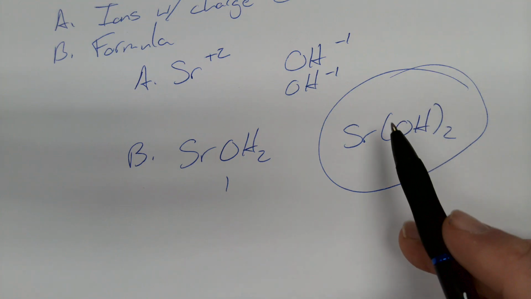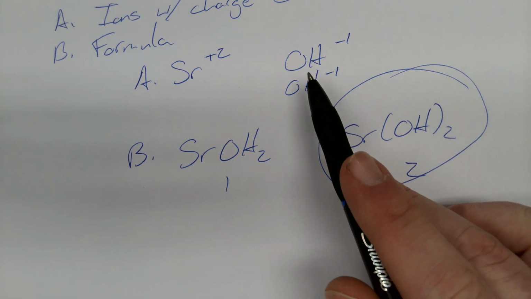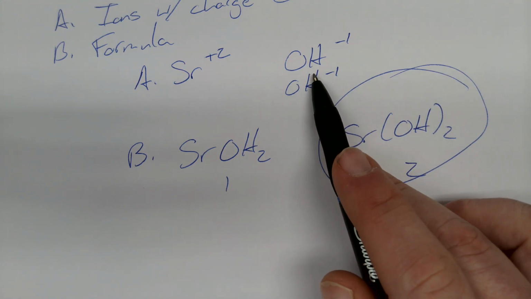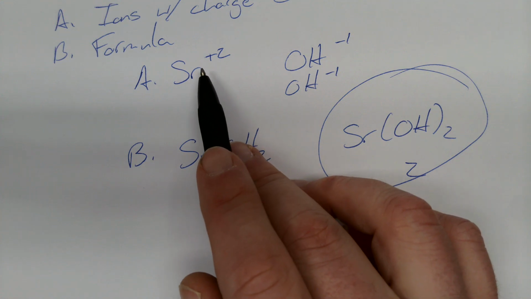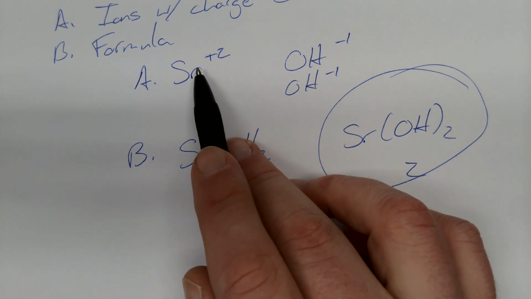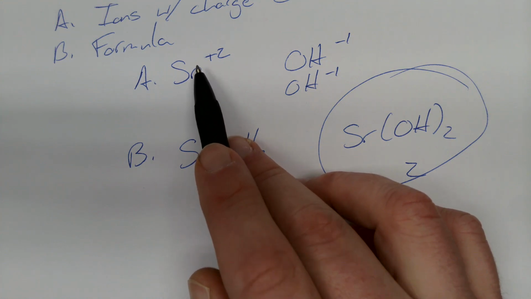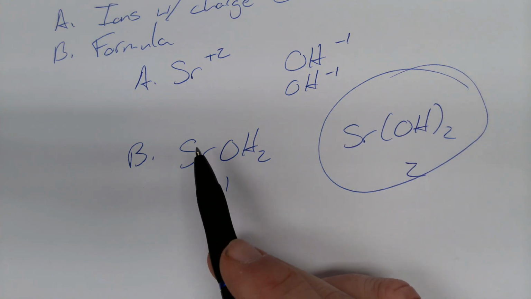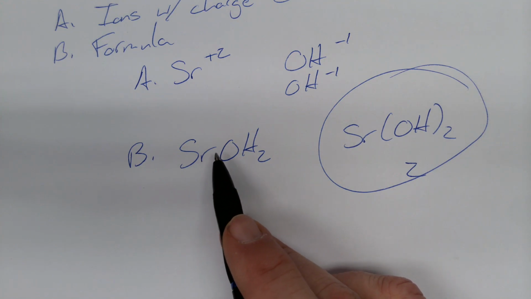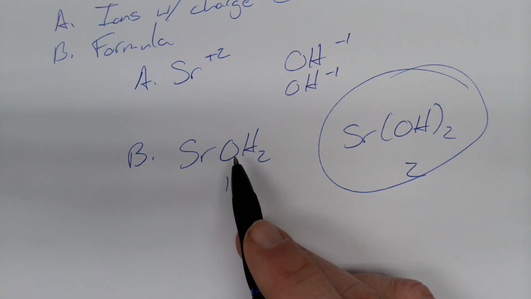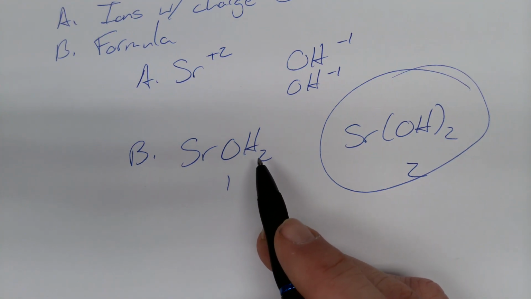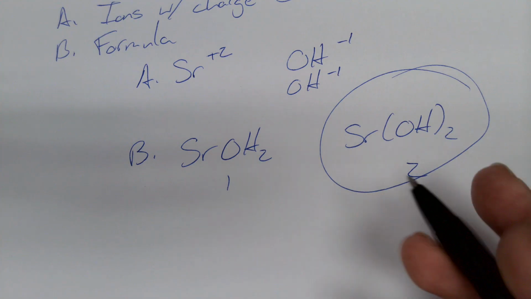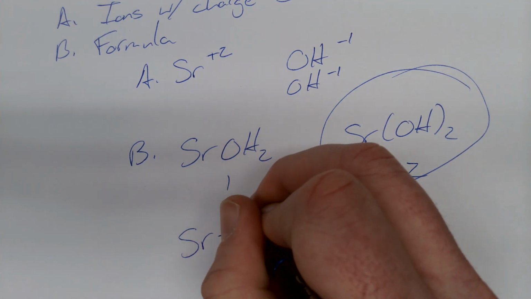Because remember, I'm using 2 hydroxide anions to cancel out the 2 positive charges on my strontium cation. They're grouped together. Had I written it this way, I just have a strontium attached to an oxygen with 2 hydrogens, so that'd be written SrOH.